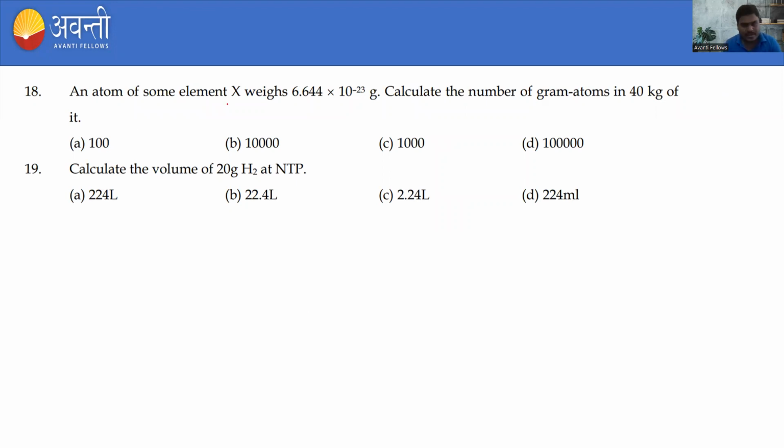An atom of some element X weighs this many grams, right? So calculate the number of gram atoms.